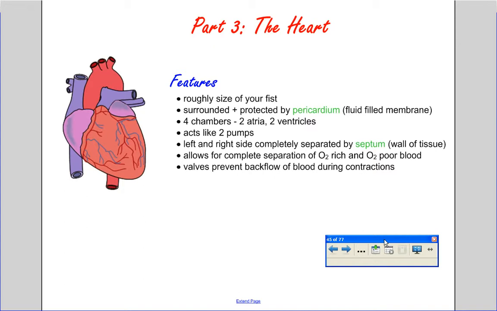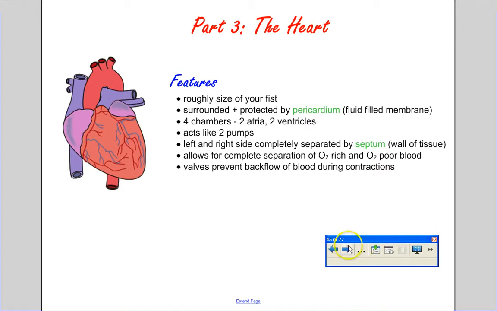So there's not the mixing that we saw when we talked about the lower vertebrates, like fish and amphibians and even reptiles. We have valves within our heart that prevent backflow during contractions.